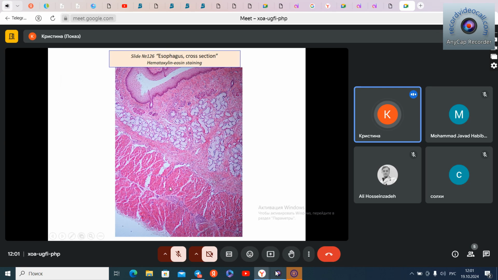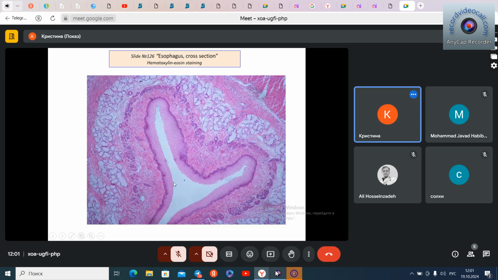Here. Then muscularis externa with two layers, inner and outer. Between those layers we have a layer of loose fibrous connective tissue with the nerve elements. Here we see the bundles of nerve fibers of the Auerbach's plexus, and the externa adventitia. The same is here.